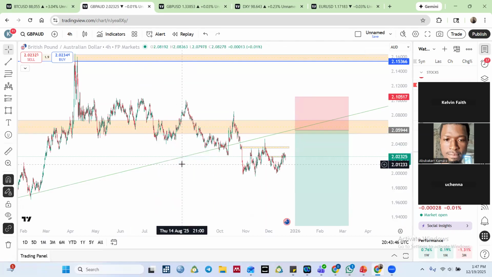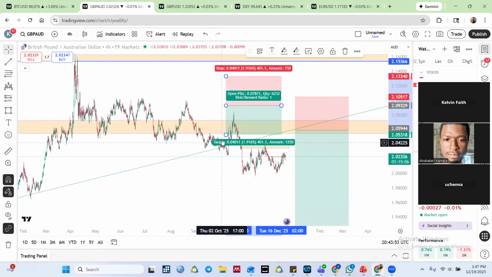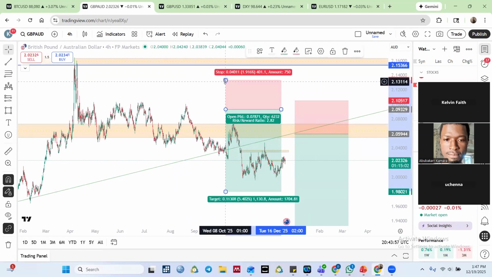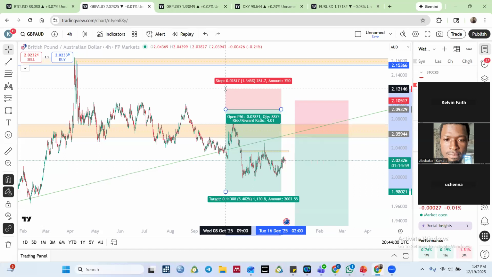For sales, you select the short like this. You put it at where you want to put your entry, and you can stretch it to cover where your stop loss will be. You adjust it. You understand?